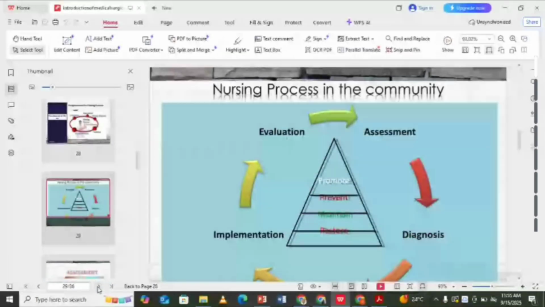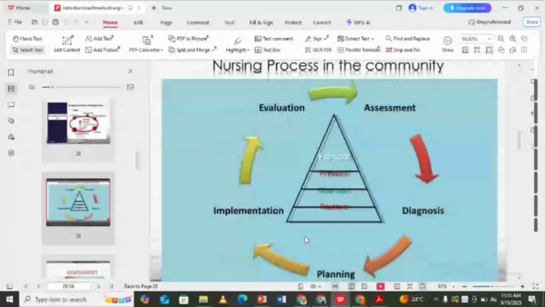You can say that the nursing process is dynamic. It keeps on going around. Start from your assessment, diagnosis, planning, implementation. You evaluate. Once you evaluate and have achieved your goals, you exit. If you have not achieved your goals, you go back to your assessment.